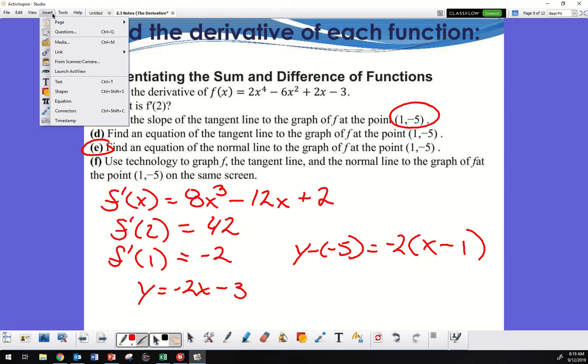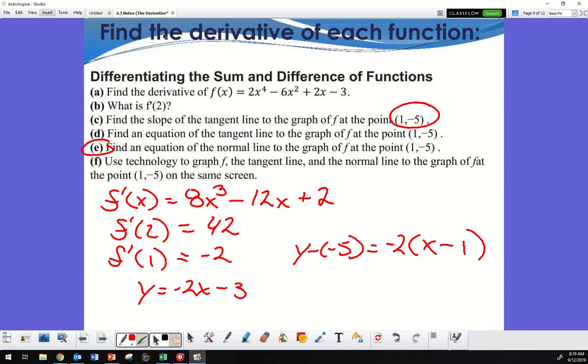So I know the perpendicular is going to be what? Positive 1/2. At the same point though, right? So it's going to be, let's see, y minus -5 equals 1/2 times x minus 1. Yes? Okay.